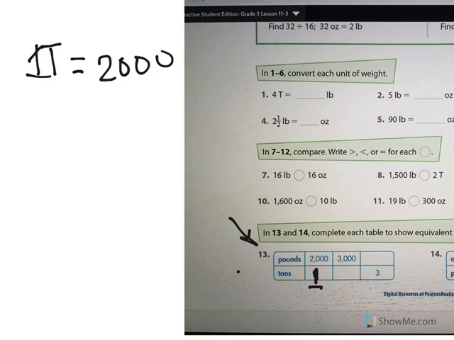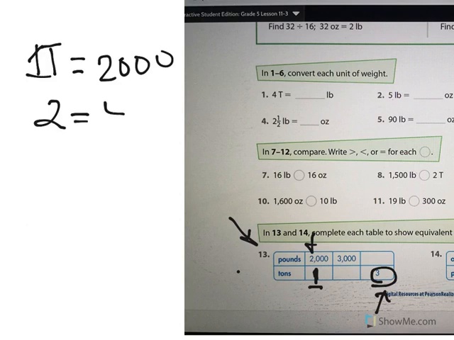So again, we know that 3 tons, well, if 1 ton equals 2,000 pounds, and we're going here from a small unit to big unit, of course we're going to multiply, right? And we're going to multiply 3 by what? Well, that's pretty easy. We know that 1 ton equals 2,000 pounds, so we could even write this out.